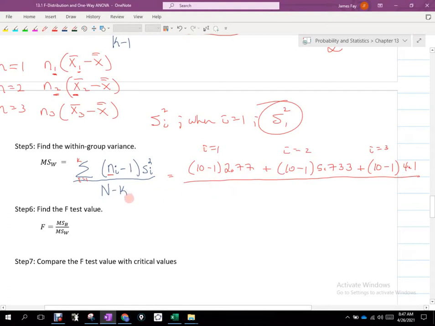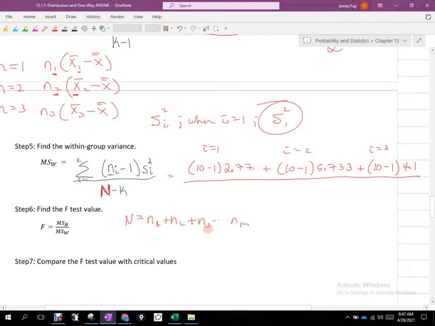And then we will divide that by N minus K. I don't know that we've defined this yet, but capital N is the sum of the data points in all samples. So N is equal to n sub 1 plus n sub 2 plus n sub 3 all the way up to n sub K. However many samples you have, you add up all of those sizes.